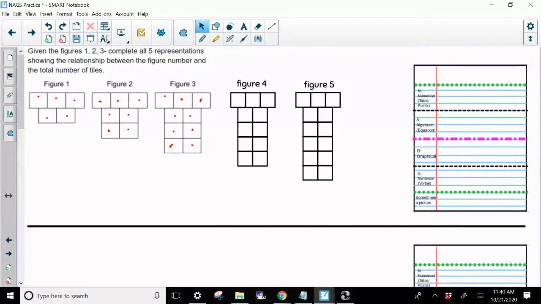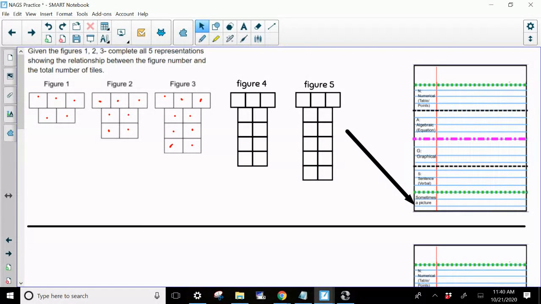All of these are going to go down here, sometimes a picture. We were given some drawings, and that's where we're going to put them at the bottom of our page. Probably should have mentioned that earlier, but take a minute to make sure that you are putting those figures down there. If you need to pause, do so now.